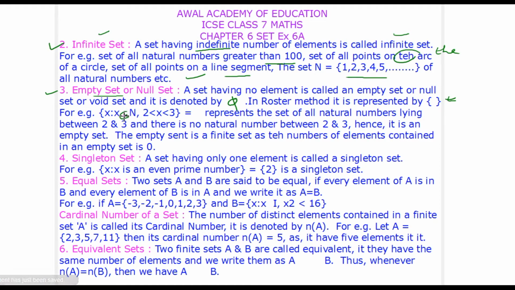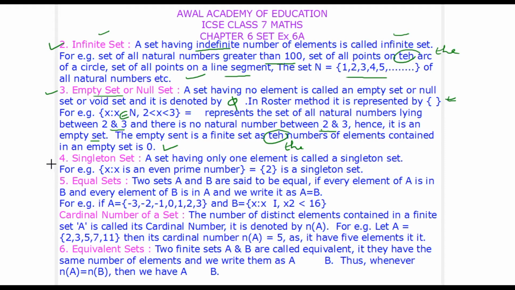N represents the set of all natural numbers. As there is no natural number between 2 and 3, it is an empty set. The empty set is a finite set, as the number of elements contained in an empty set is always 0.